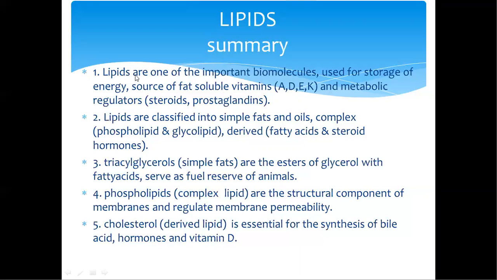These lipids are also a source of the fat soluble vitamins A, D, E, and K, and are useful for producing steroids and prostaglandins, which are regulatory hormones. Lipids are classified into simple fats and oils, complex lipids, and derived lipids.